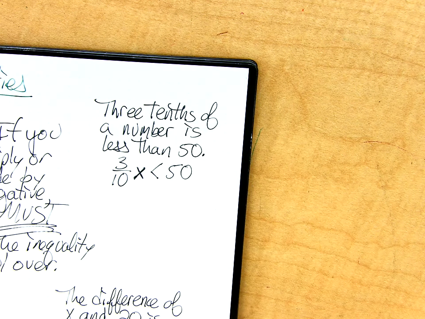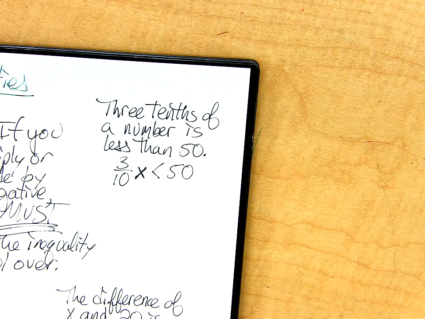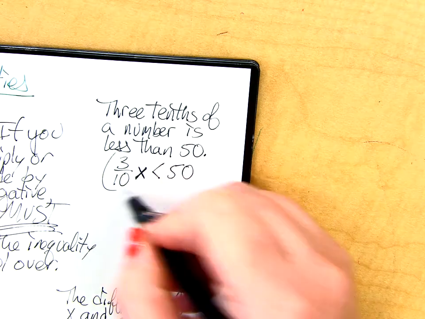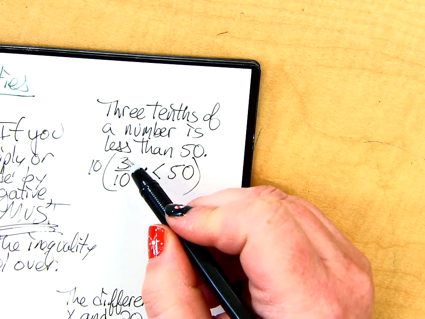Okay. Now the question is, how do you solve this? Multiply by 10. You can clear the fractions, just like when you have an equation and we clear the fractions, you can do it with an inequality. So I love that idea. So multiply everything by 10 to start off with. Remember how to do it. You divide down, multiply up.